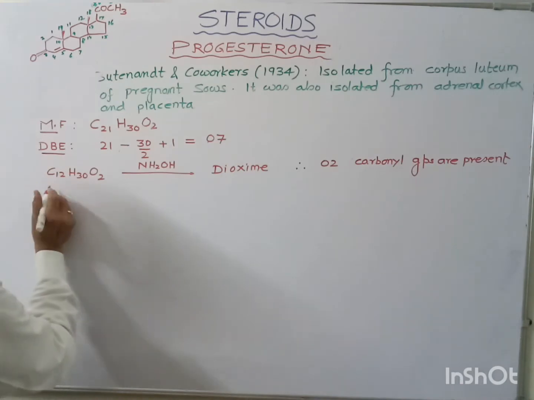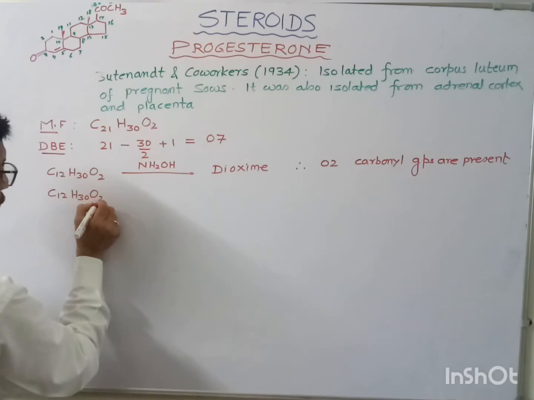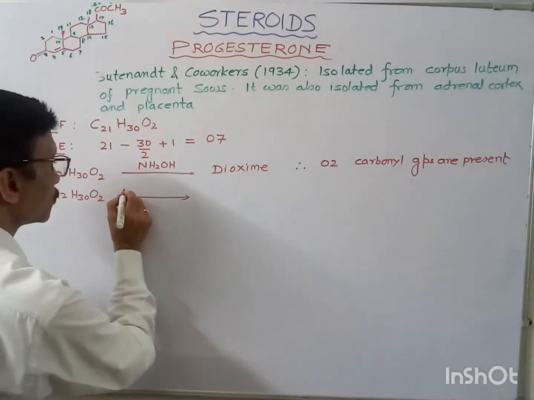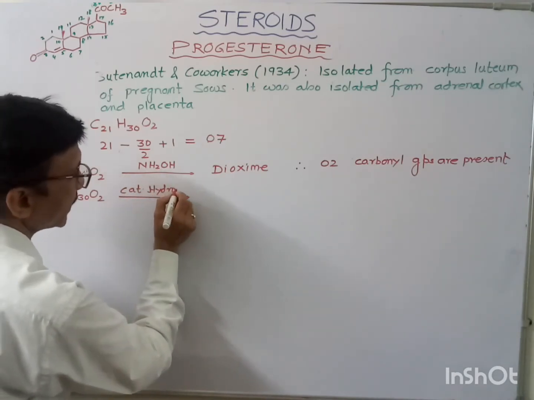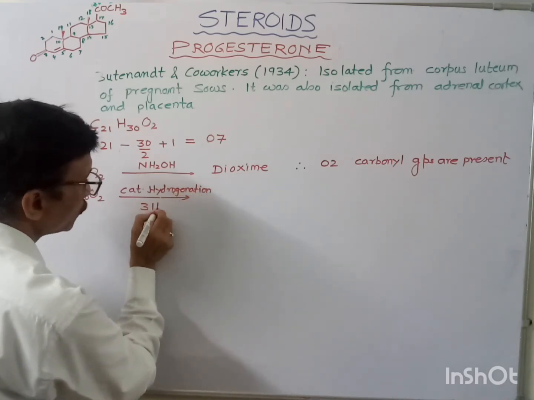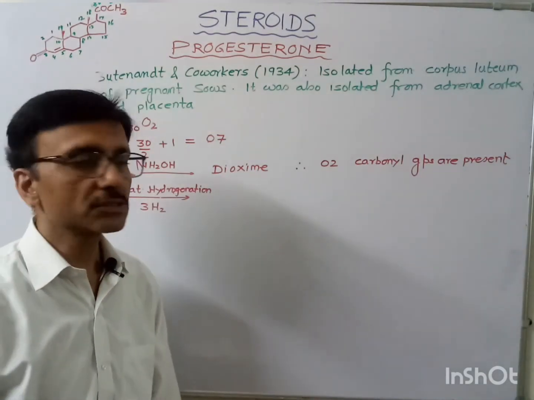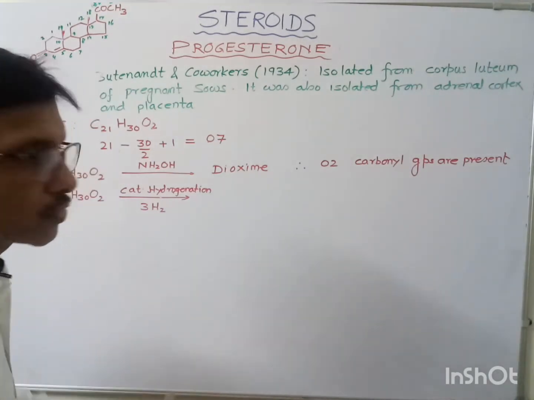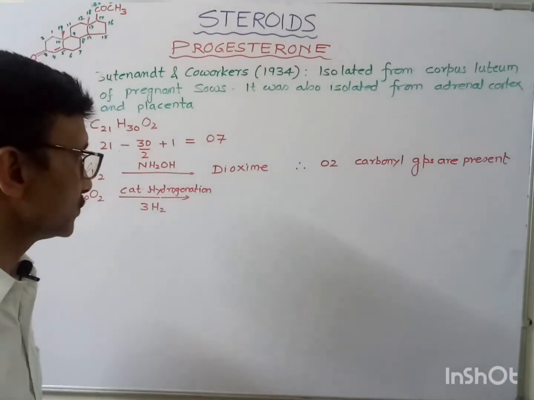Now, when progesterone was subjected to catalytic hydrogenation, it was seen that it absorbs 3 molecules of hydrogen, and the formation of a dihydroxy compound was also seen.